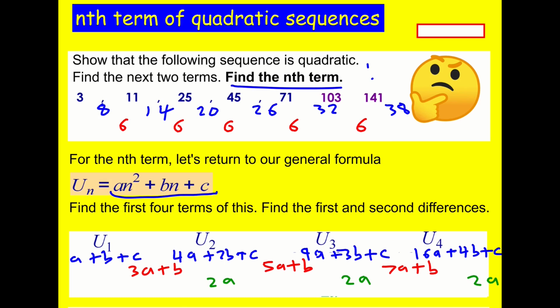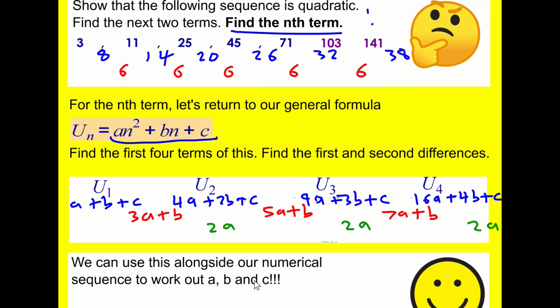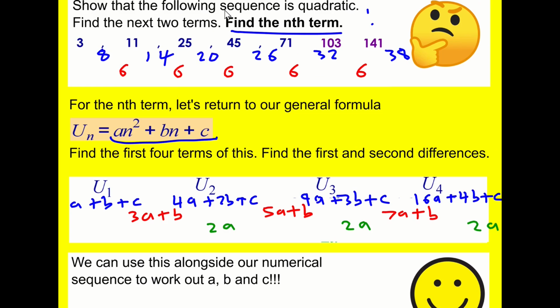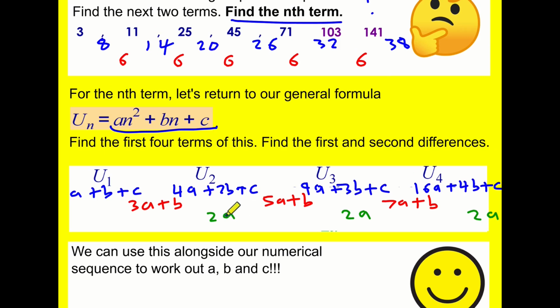Now this actually becomes the focus for how we can work out the nth term because of this general algebra that we've done. We can use it alongside a numerical sequence to work out a, b, and c. We can essentially compare this algebra with the sequence that we've formed.